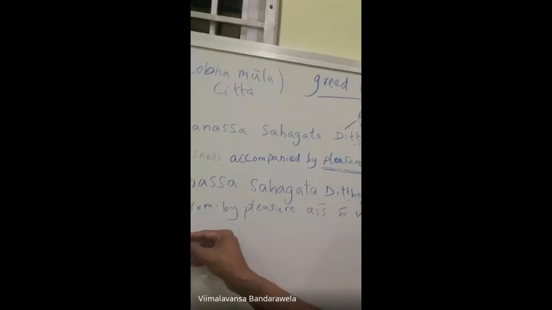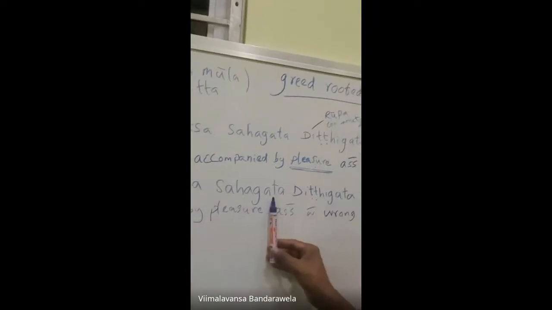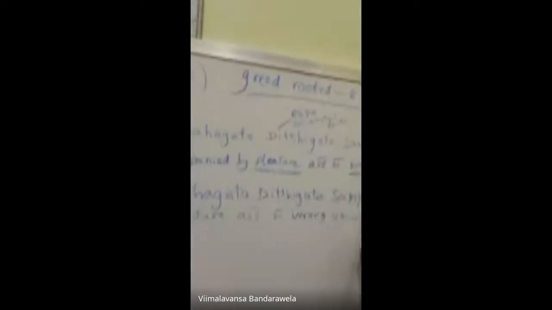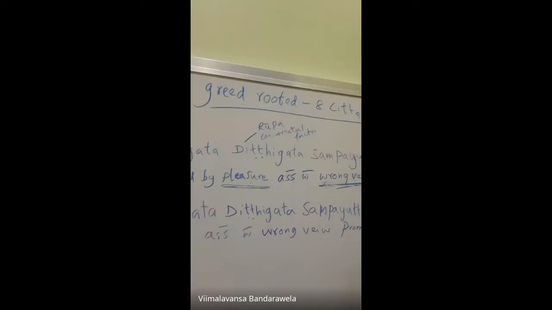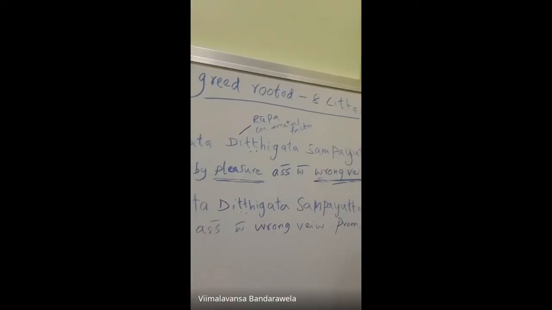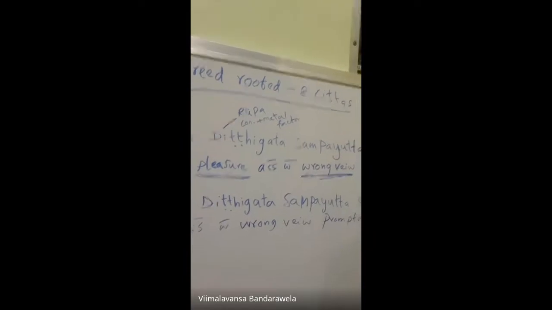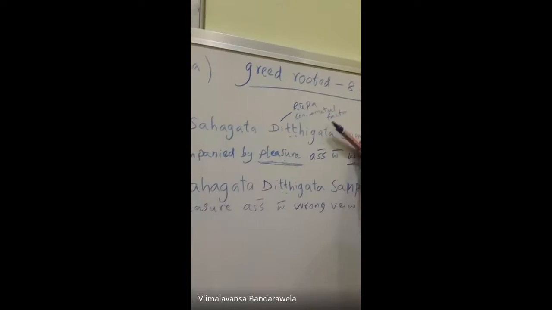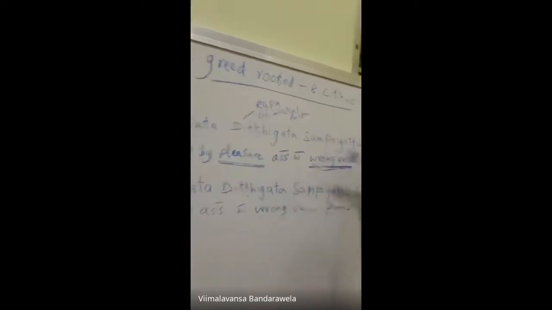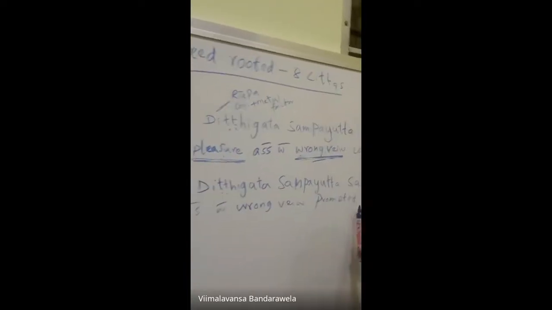Then the second one is Somanasa Sahagata, Ditthigata Sampayutta, Sasankharika Chitta. Now you know the meaning of asankarika and sasankarika. Asankarika means unprompted, sasankarika means prompted. The only difference between these two chittas is unprompted and prompted.